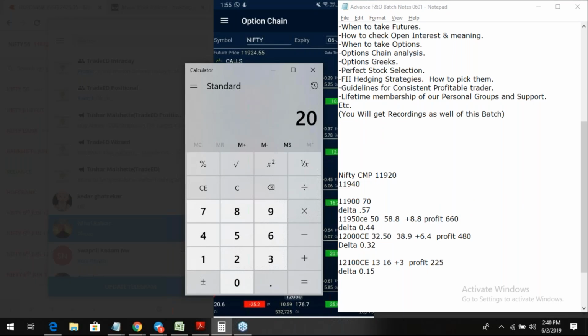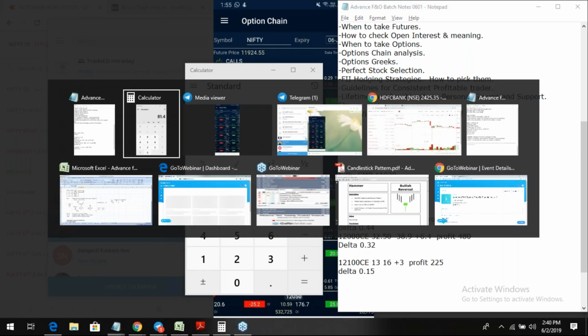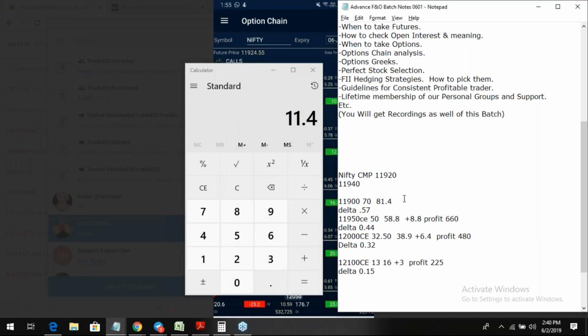20 rupees into 0.57, 11.4 plus 70, 81.4, minus 70, 11.4. So how much is your profit? 11.4 into 75, 855.